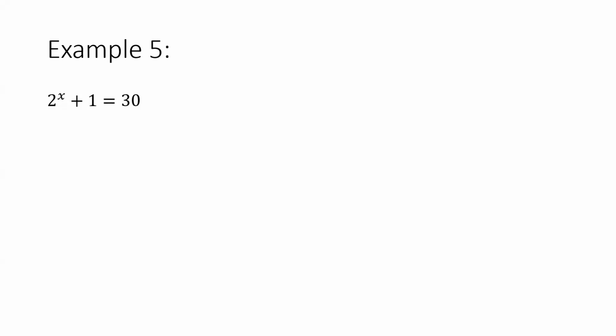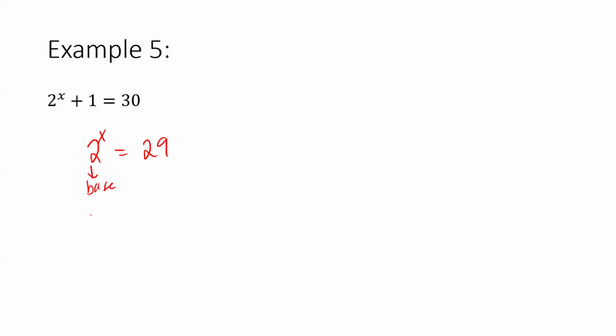All right. Are we ready? Okay. So again, your exponential has to be by itself. So like we did it the first time when we were approximating, we subtracted our 1, right? And we were left with 2 to the x equals 29. So I know that this is my base.